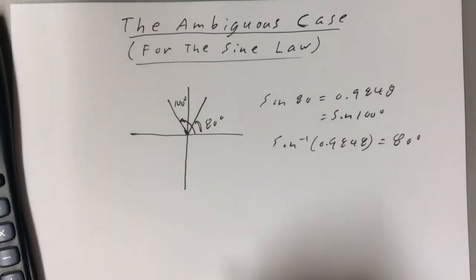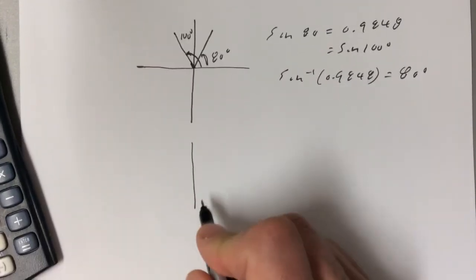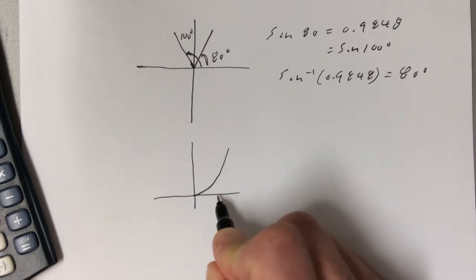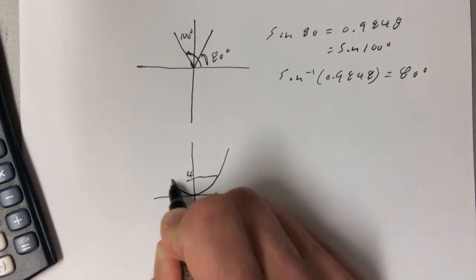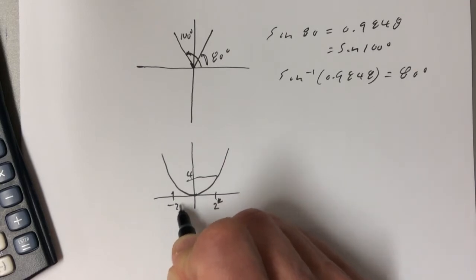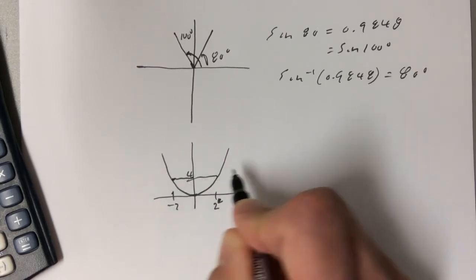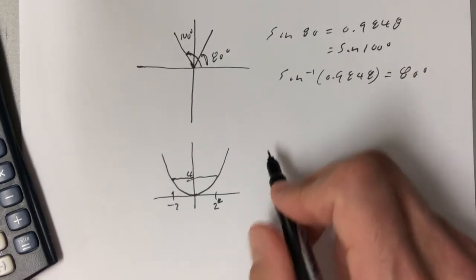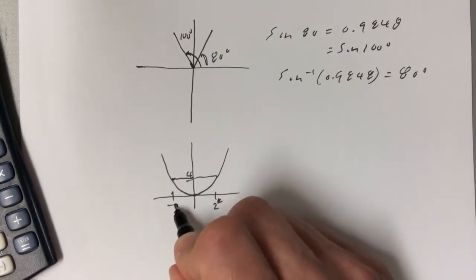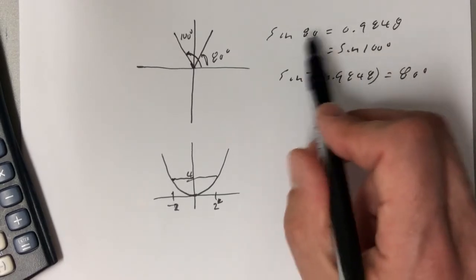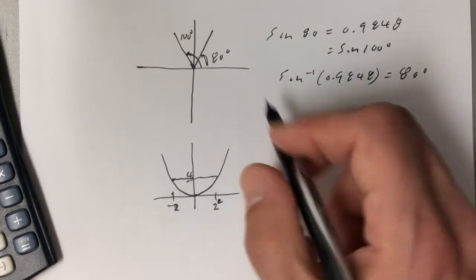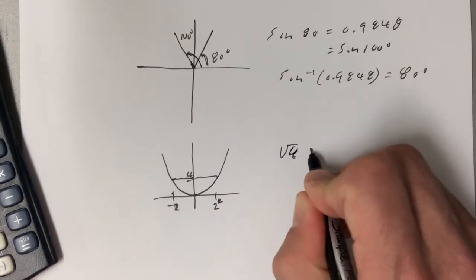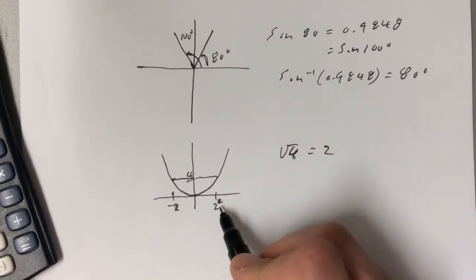For example, 2 squared is 4, and if you go up the other side to -2, -2 squared is 4. Just like this, if you sine 80, you get 0.9848. If you sine 100, you get the same thing. But the square root of 4 only equals 2, so it only gets you back 2.